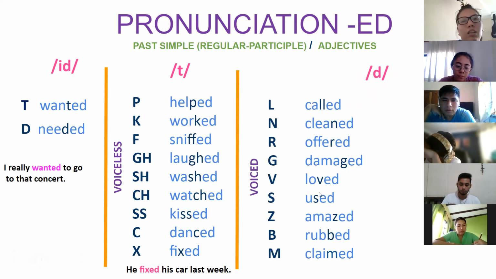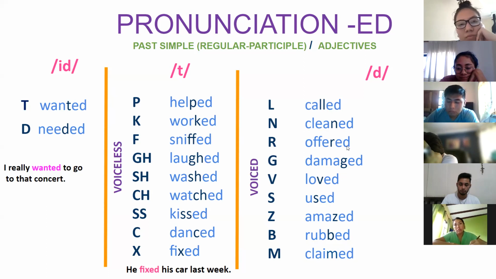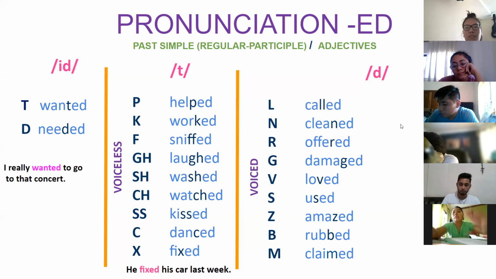Por ejemplo, si dicen L, nuestra garganta tiene una vibración. Cualquiera de estas. ¿Ok? Entonces por eso son voiced. Y cuando tenemos este tipo de sonidos antes de la ed, nuestro sonido tiene que ser como una D. Called, cleaned, offered, damaged, loved, used. ¿Ok? Como si fuese una D al final.